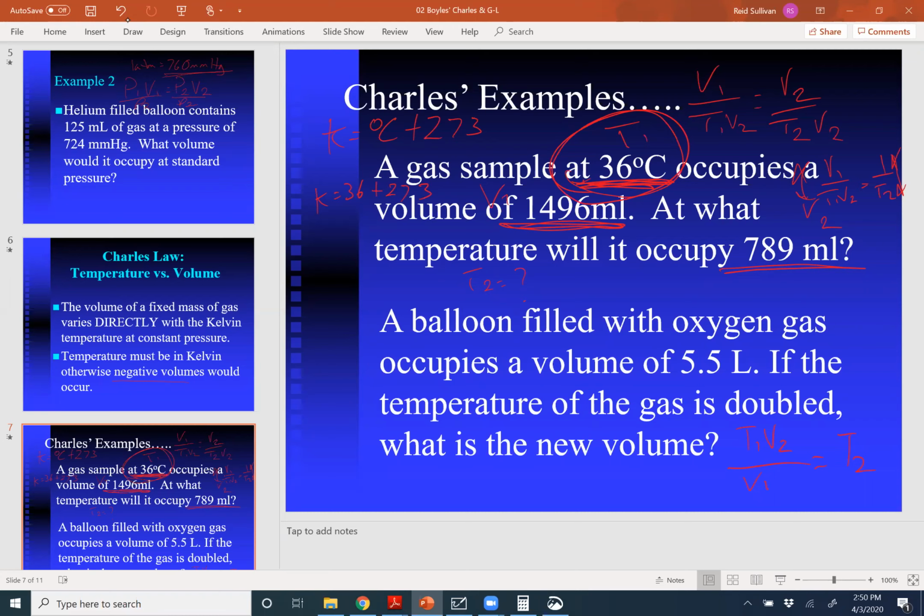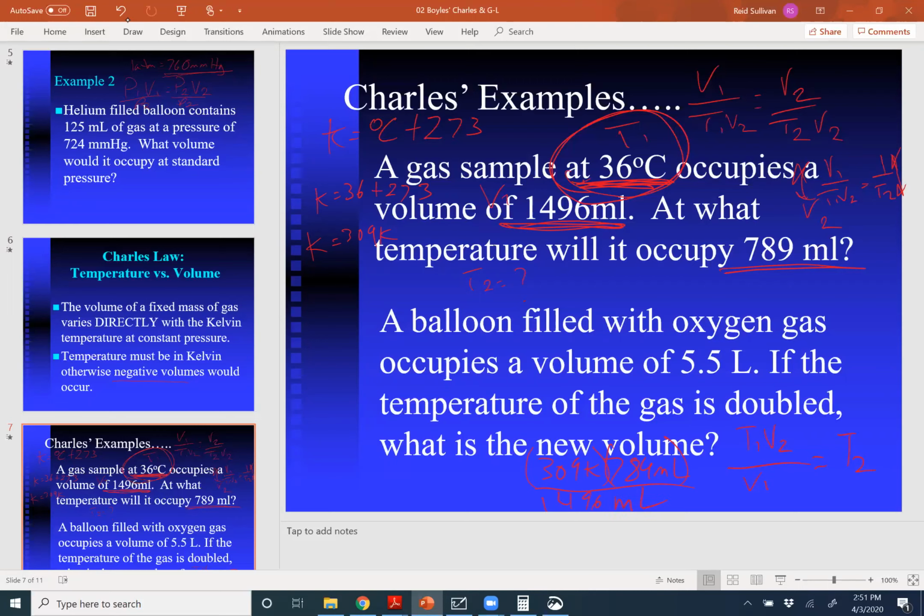Add a 3, that gives us 300. So our Kelvin is 309 Kelvin. So now we can plug this in. Temperature 1, 309 Kelvin. Volume 2, 789 milliliters. You can put them in brackets if it helps you keep track of it. And then we're going to divide it by volume 1, which is 1496 milliliters.